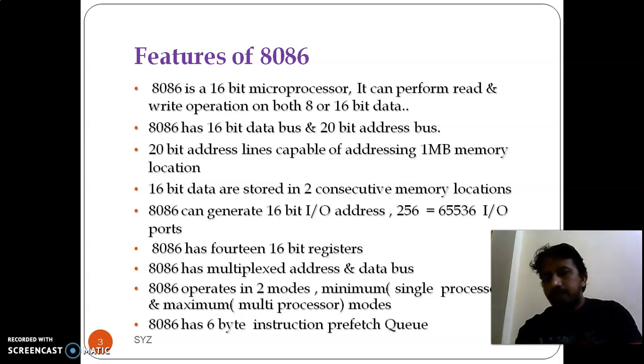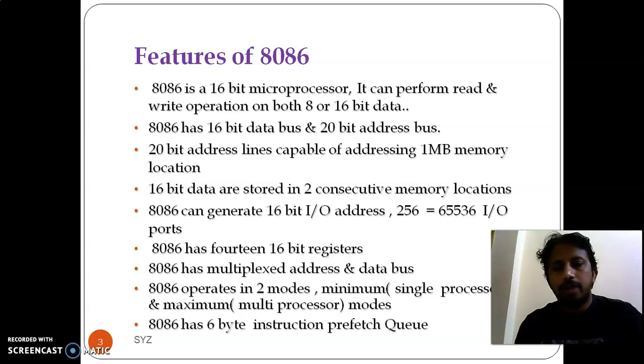But one special feature of 8086 is that the address bus is 20-bit. By having this 20-bit address bus, it can address up to 1 MB of memory, because 2 power 20 memory locations equal 1 mega locations, and as each memory location is 1 byte, it equals 1 megabyte of memory.